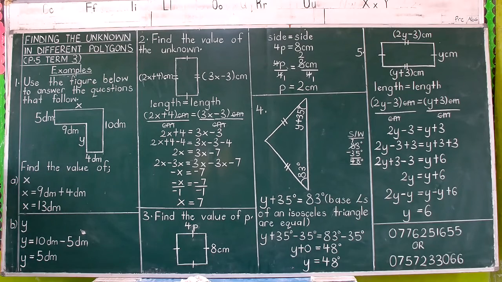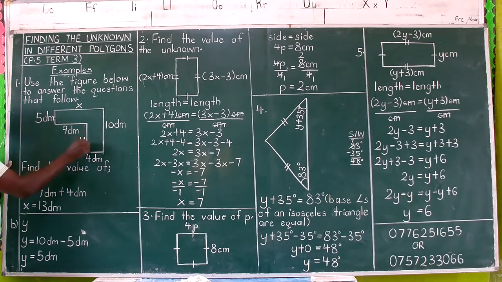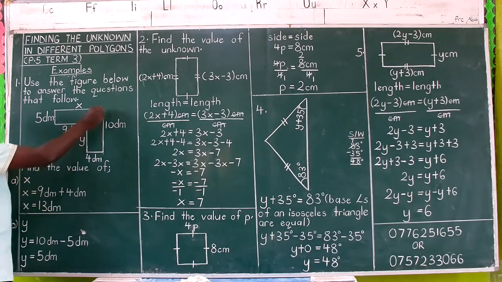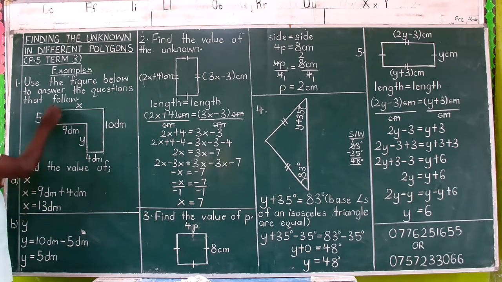Find the value of y. Y is written along a short vertical side. Being short, then it's going to be got by subtraction of the other two verticals. So the longer vertical is 10 decimeters, then the shorter is 5 decimeters.